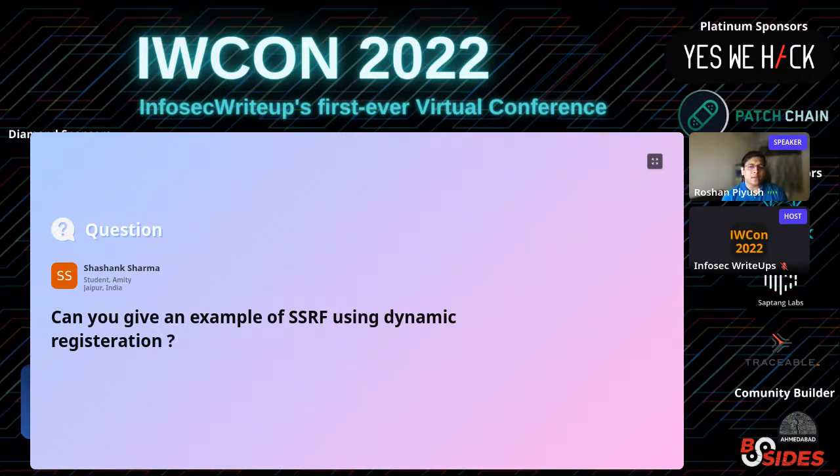So the redirect URI in the client becomes dynamic because of that registration. Since the client itself is dynamic, you will be able to create dynamic redirect URIs when you're registering the application. And since it's in your control, you may be able to change attack vectors like XSS or many of the other attack vectors. So you can execute not just SSRF, but even client side attacks through those, because the redirect URI is in your control.